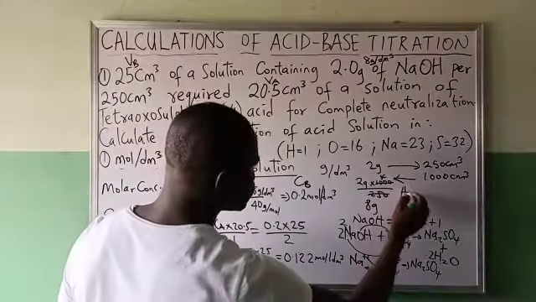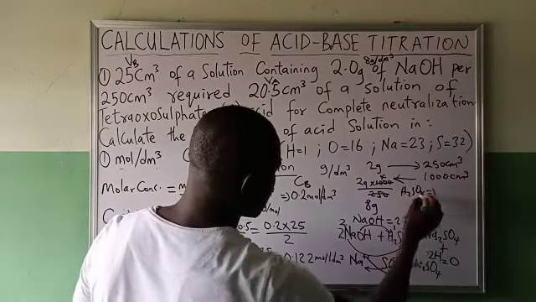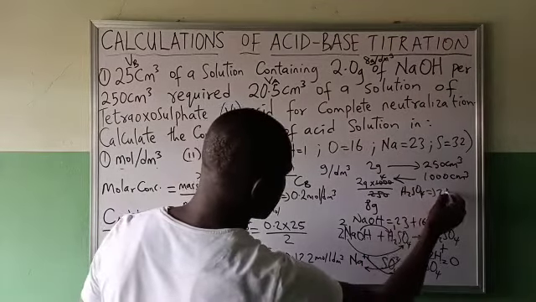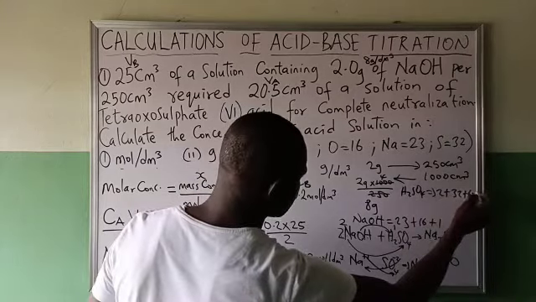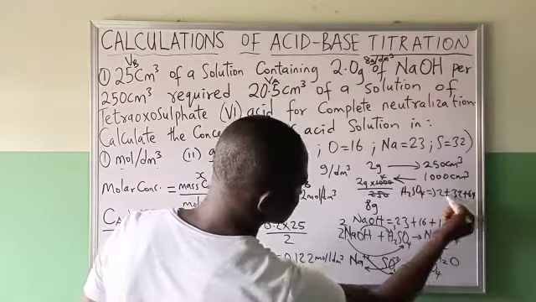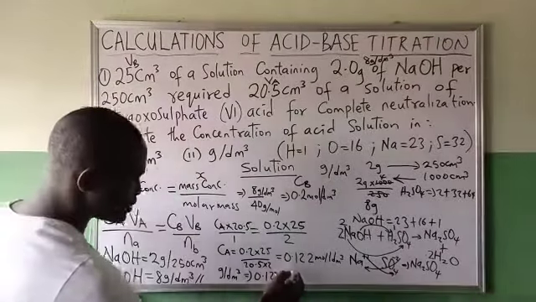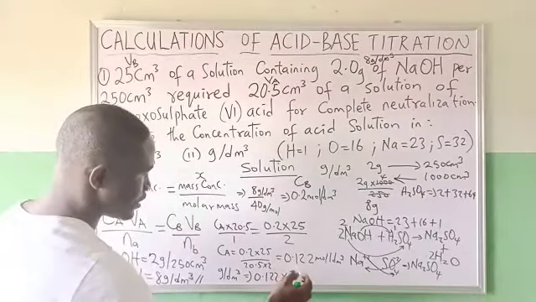You write H2SO4. Hydrogen 1 times 2 plus sulfur 32 plus 16 times 4, 64. This will be giving you 98 gram per mole.